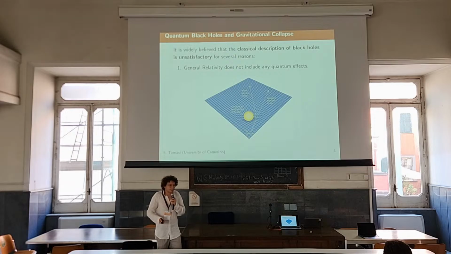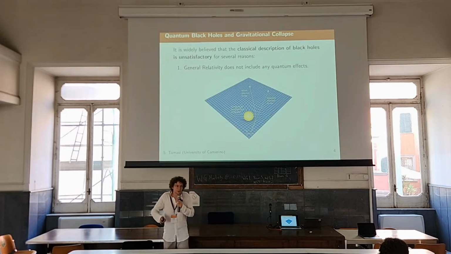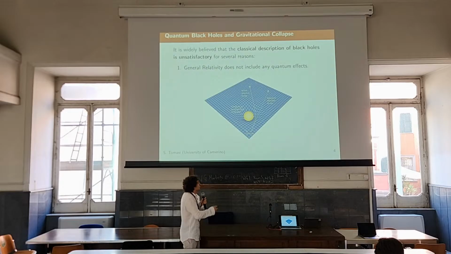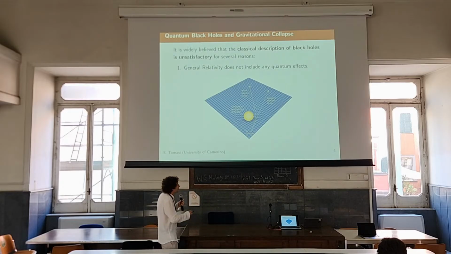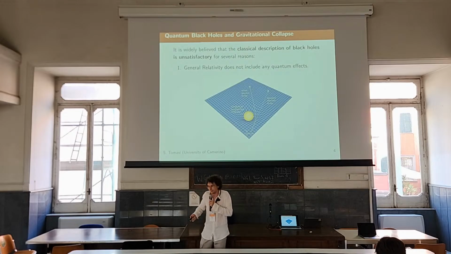And that's kind of strange because we know that our best theory of matter is quantum field theory. So in general relativity, there is no mention of any quantum effects of matter. So we know that the description is at least limited. But of course, to solve this problem, we will need quantum gravity. And to date, we have no clear indication of a quantum gravity theory.